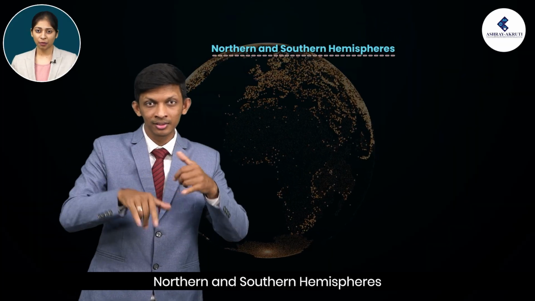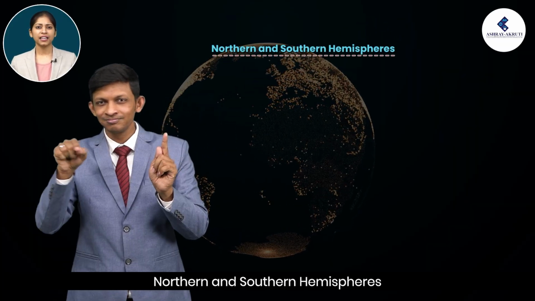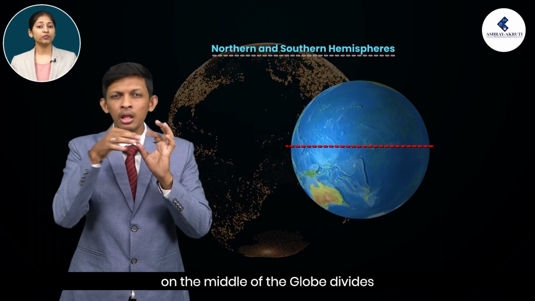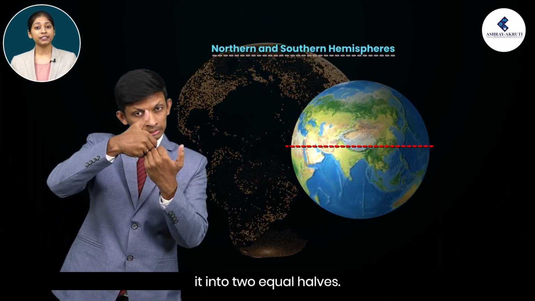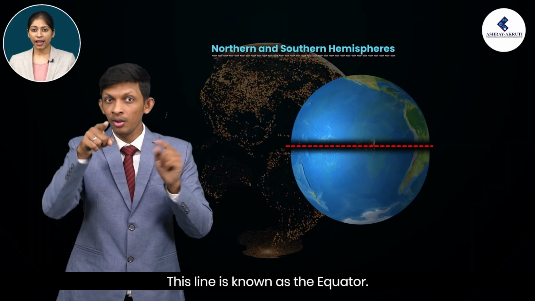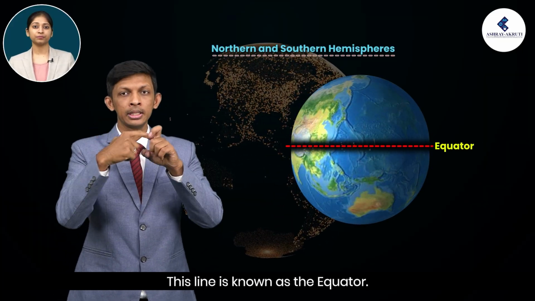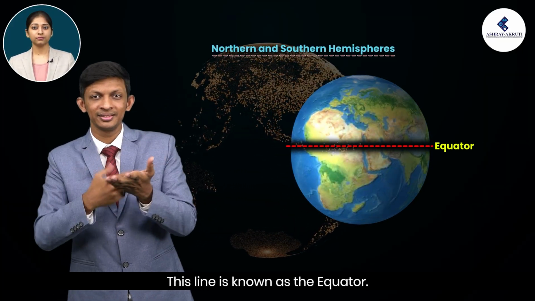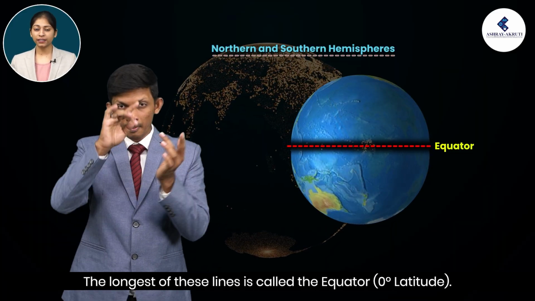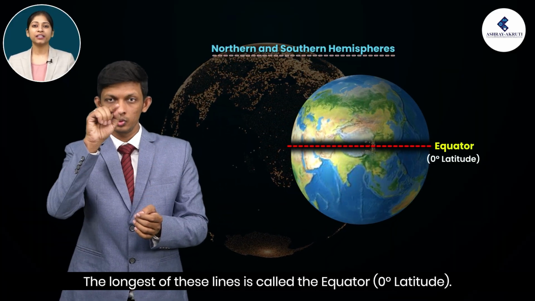Northern and Southern Hemispheres. The imaginary line running horizontally on the middle of the globe divides it into two equal halves. This line is known as the equator. The longest of these lines is called the equator, 0 degrees latitude.